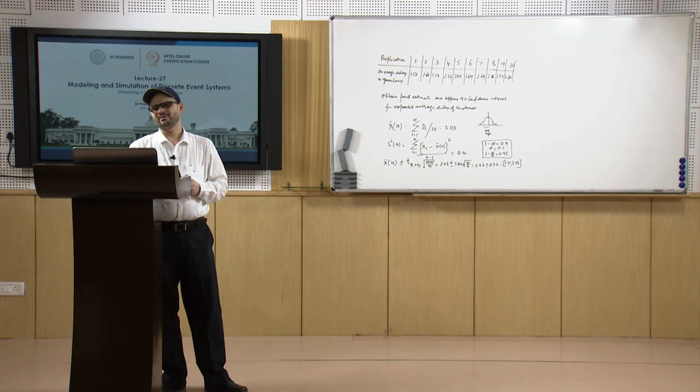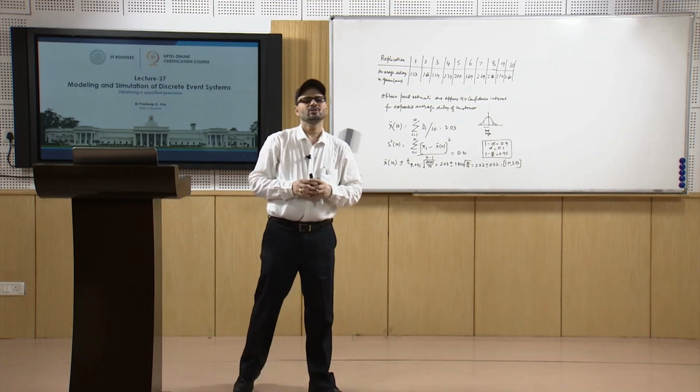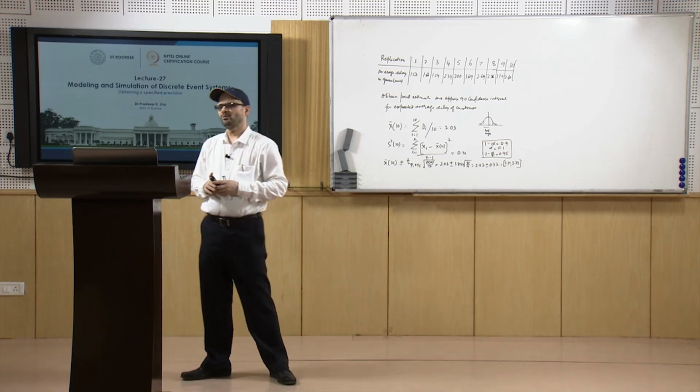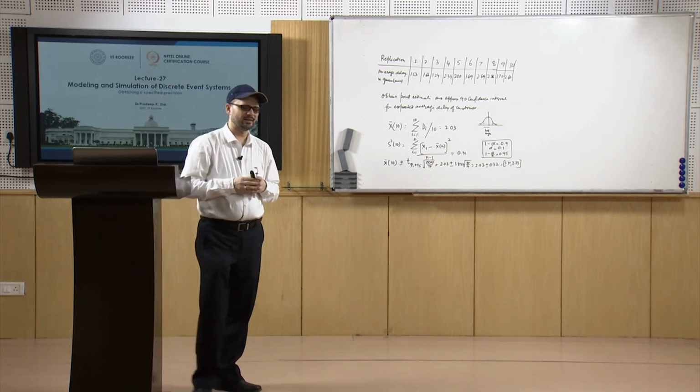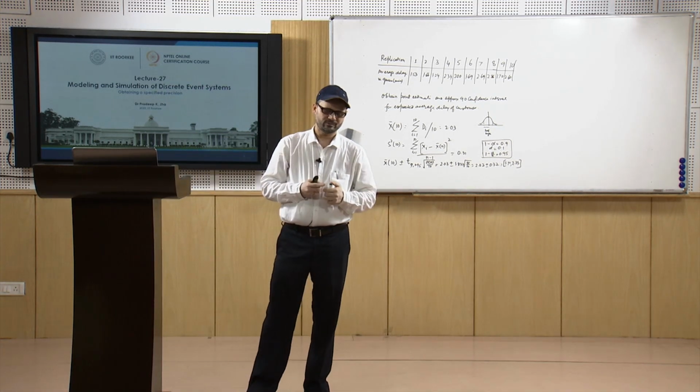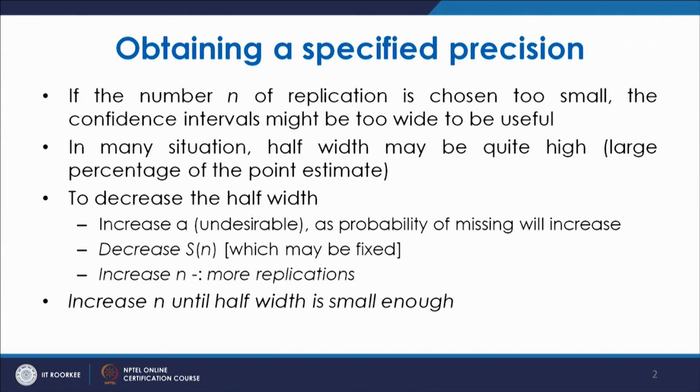Now, we can decrease the s square n. That we can also do, but then we have to take it as a fixed quantity, normally. So, the last option is to increase the value of n.